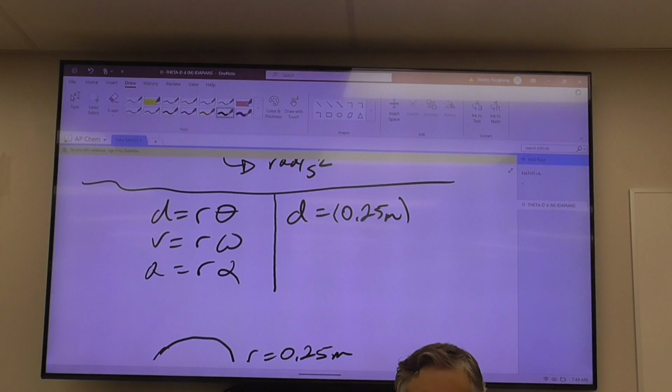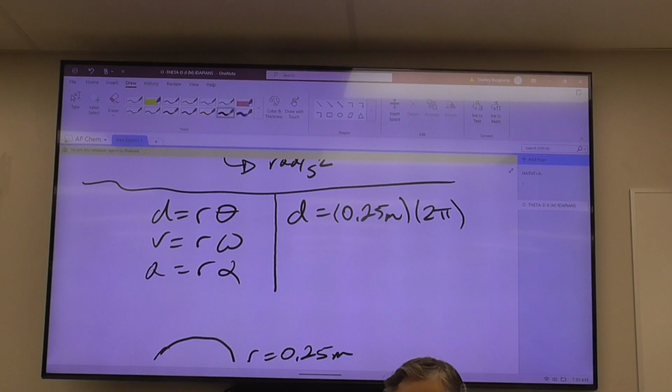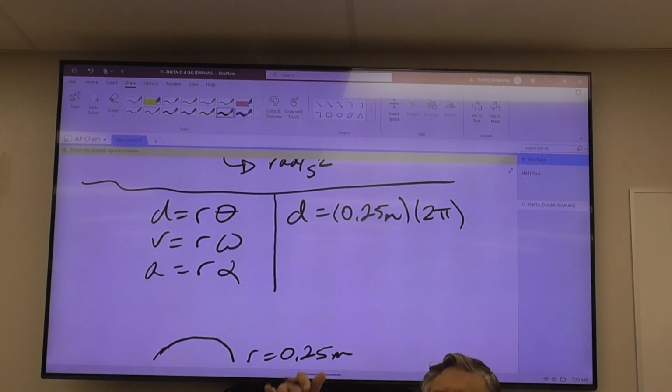So you get 0.25 times 2 pi, and oddly enough, you get the exact same answer, which is just the circumference of the wheel. Obviously, if it makes 2 revolutions, it's going to go twice as far: 4 pi.